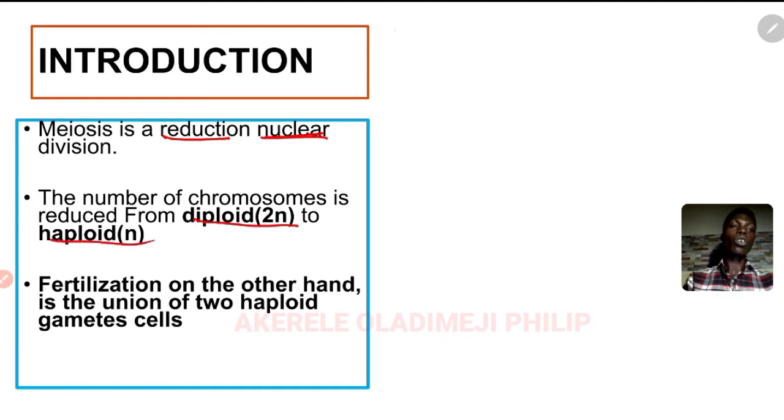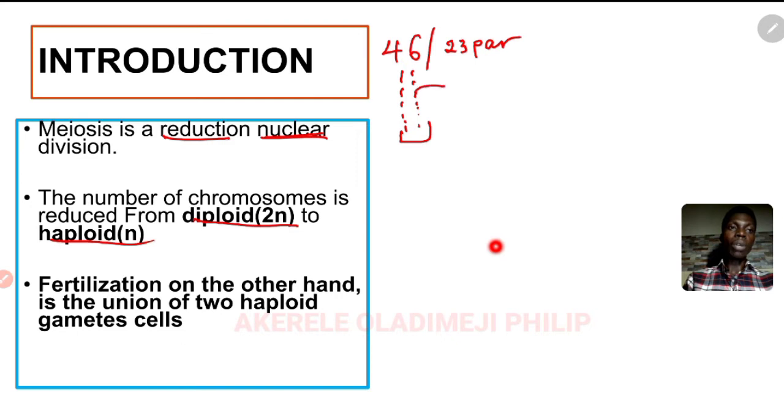If the number of chromosomes were 46, or we say 23 pairs, let's say 1 2 3 4 5, like that. That is a pair, that means it's in pairs. So having two copies of chromosomes makes it diploid.